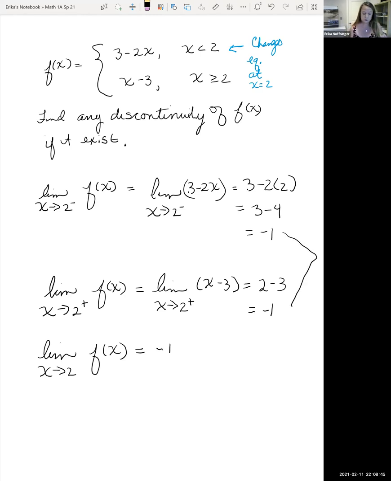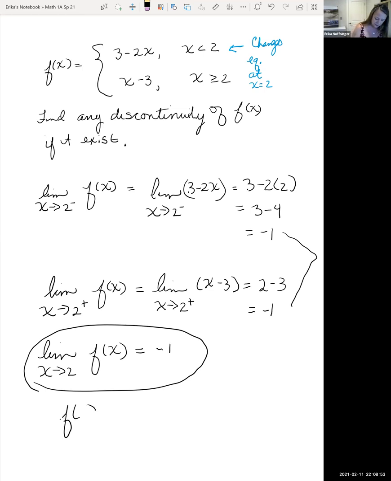Okay, so that holds true for the piece that it has to have: for it to be continuous at that value, the limit has to exist. If we look at f of 2, at x equals 2, you have to go to which equation? It is the second equation, because x equals 2.